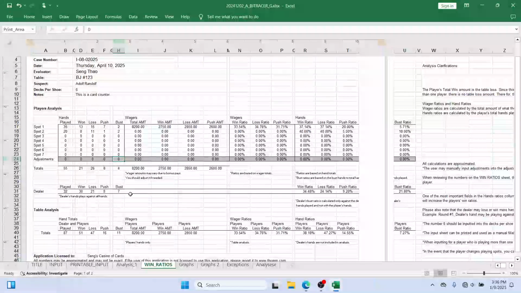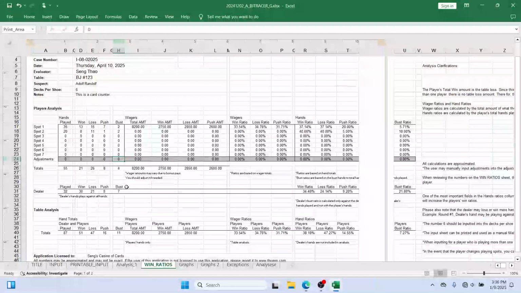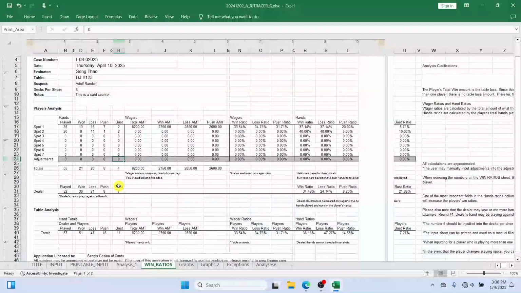They walked off the table with probably about $10,000 or $15,000 in a few hours. Well, when we ran down that player, we noticed that the dealer's bust ratio was extremely high. It does happen where the bust ratio here was extremely high. It was 80%. The dealer was just busting their hand.